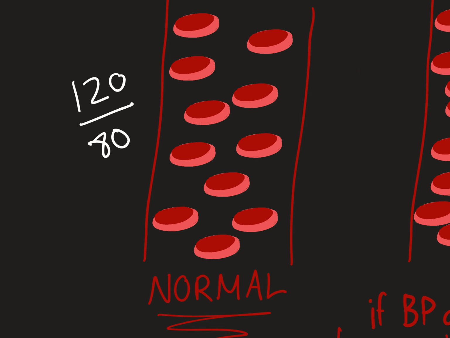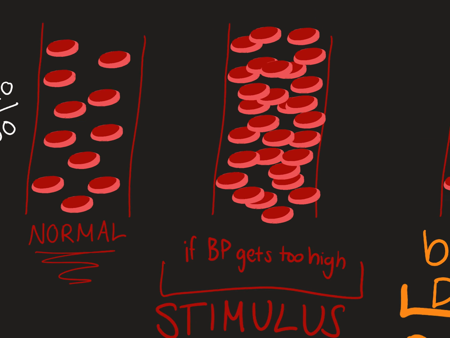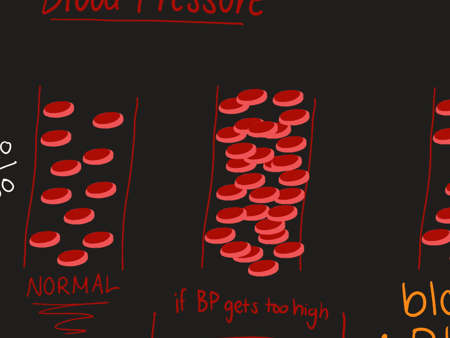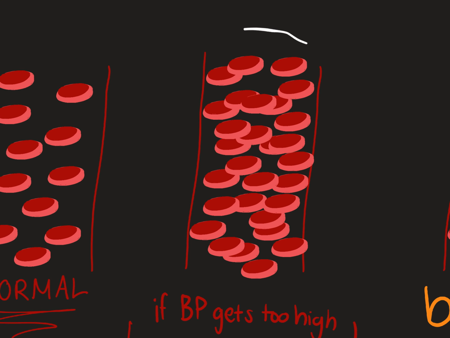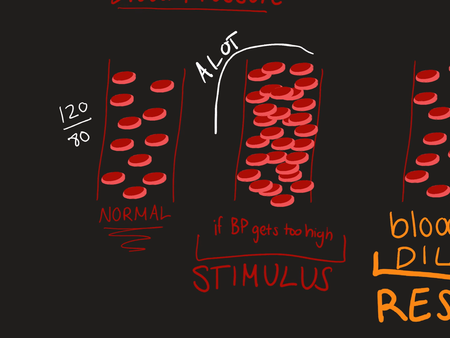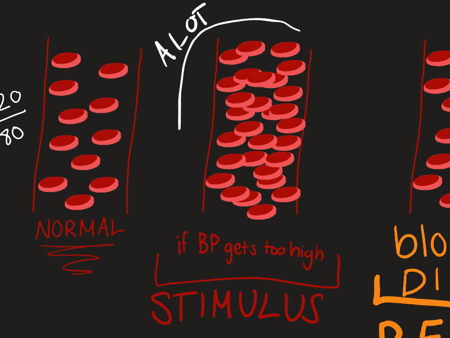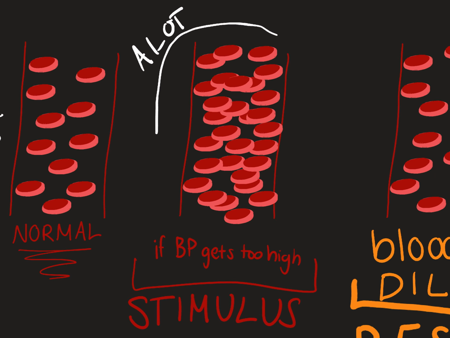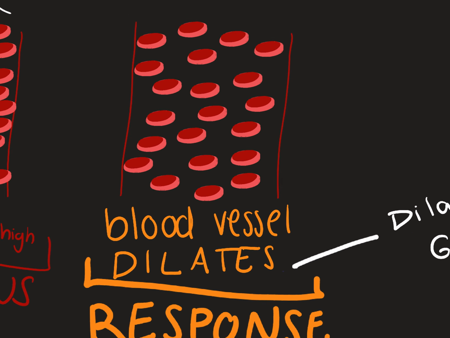That would be our stimulus. So here, if blood pressure gets too high, you can see that means there's a lot of blood. If that happens, our body's response is to have our blood vessels dilate. That means get wider.